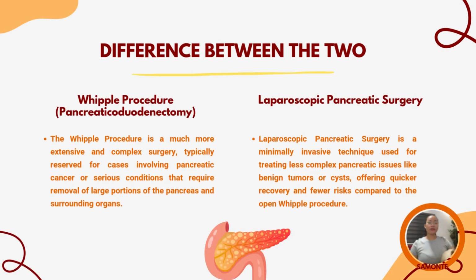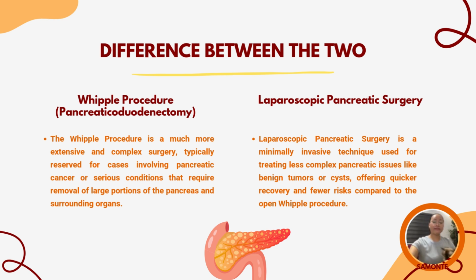So next, we're going to tackle about the difference between the Whipple procedure versus the laparoscopic one. So for the difference, the Whipple procedure is a big complex surgery. Doctors remove the head of the pancreas and other parts of nearby organs like small intestine, gallbladder, and stomach. It's usually done when someone has pancreatic cancer or a serious condition.